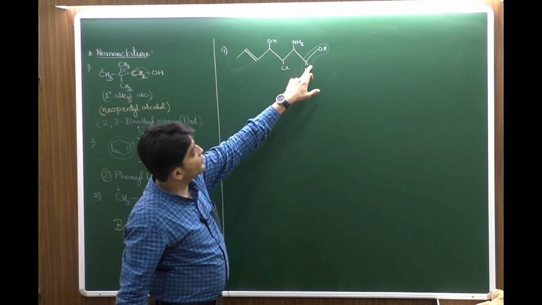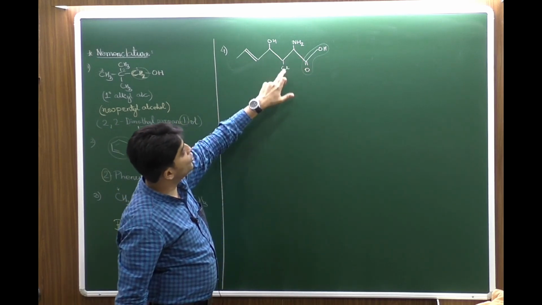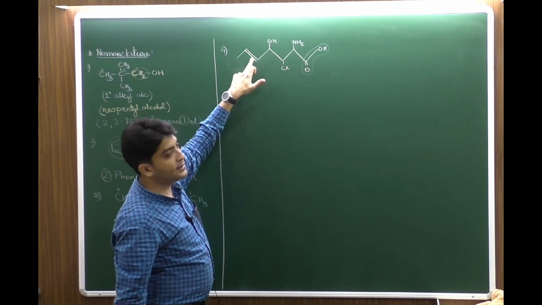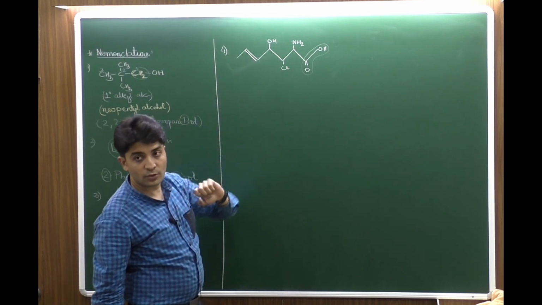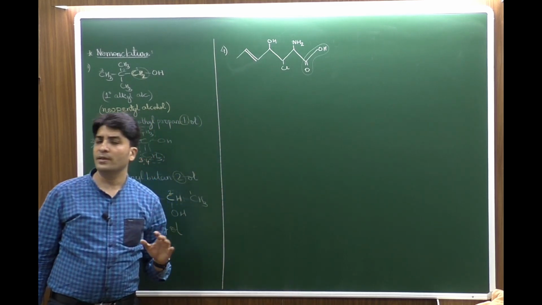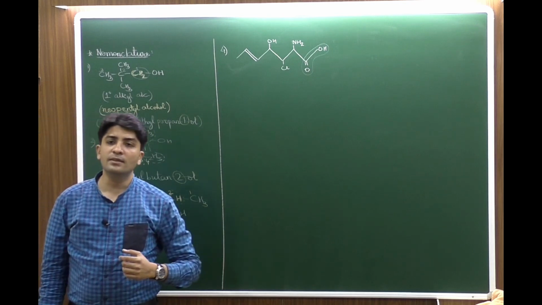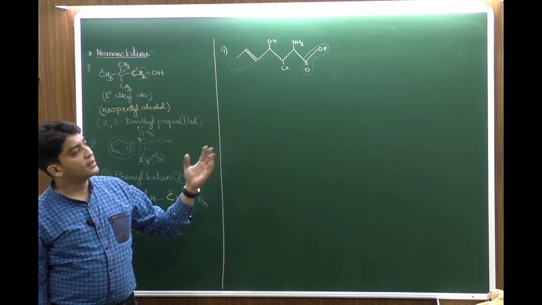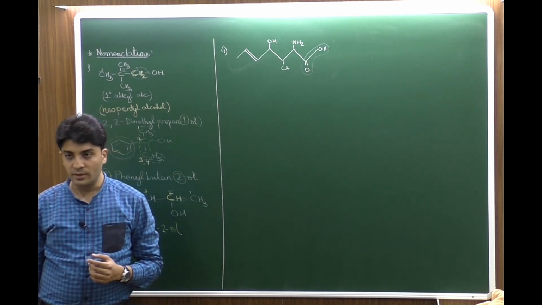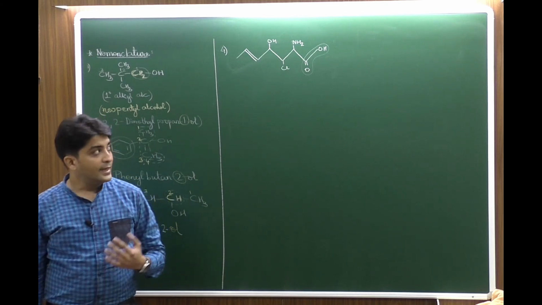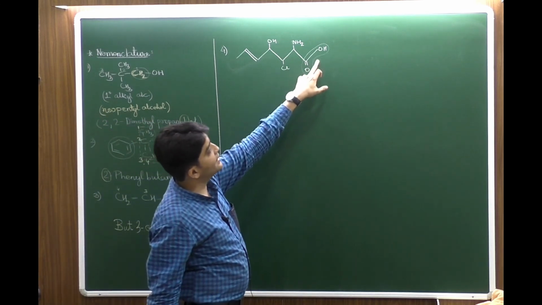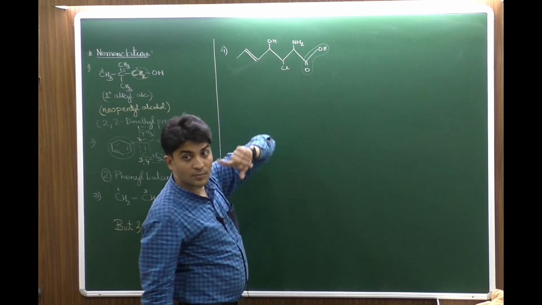So, we have a carboxylic acid, amine, chloro, hydroxy and alkene, 5 functional groups. In a polyfunctional compound, the first thing is to identify the preference, and obviously the carboxylic acid functional group gets a preference over the others. Next, this is the parent, and the others become the substituents.